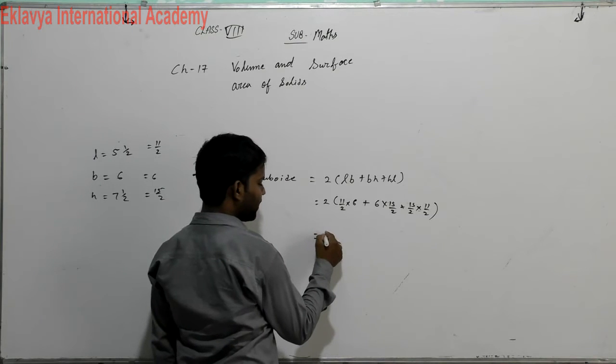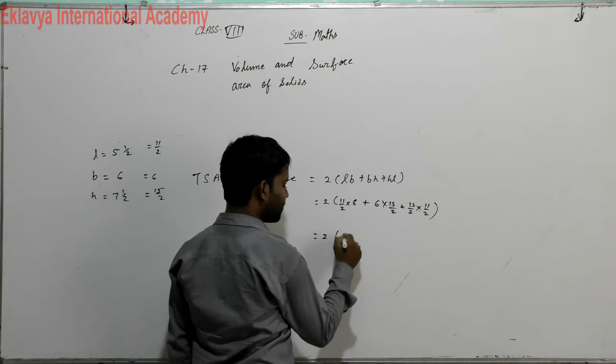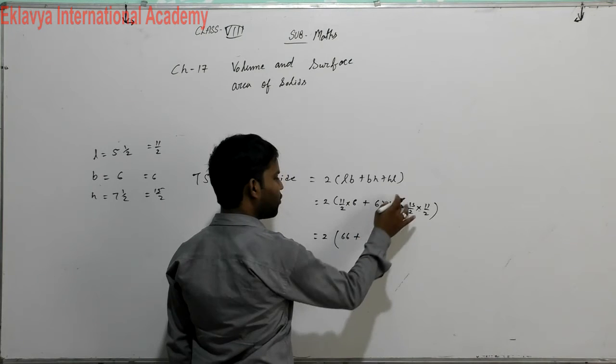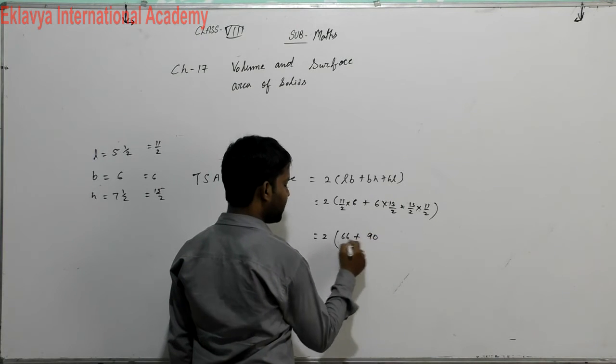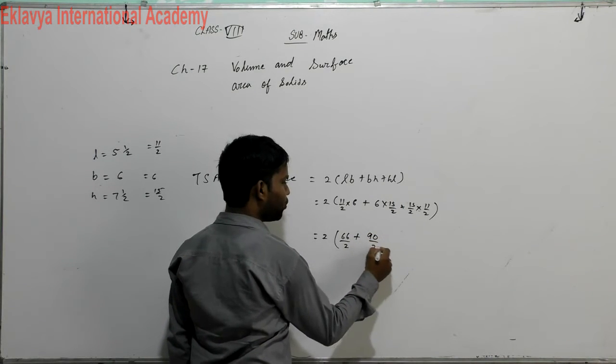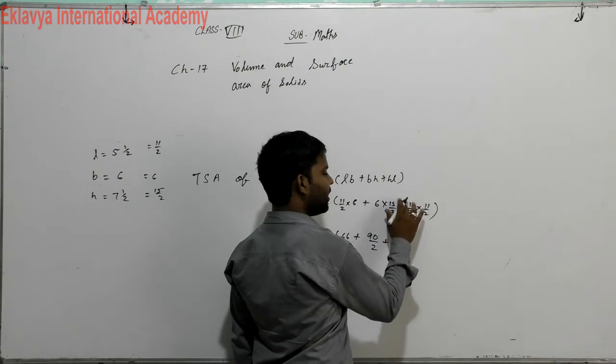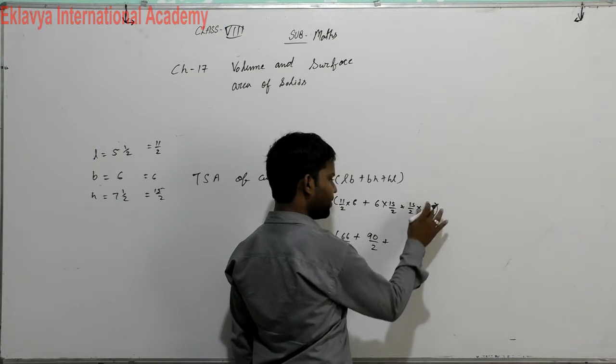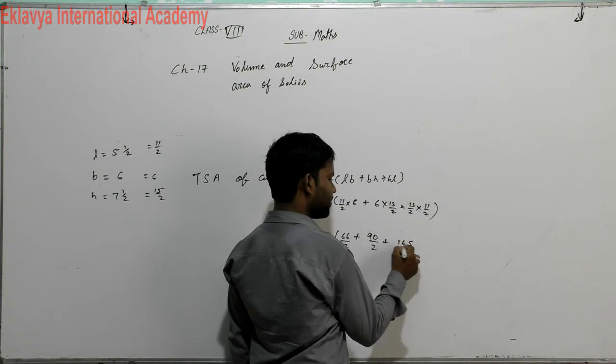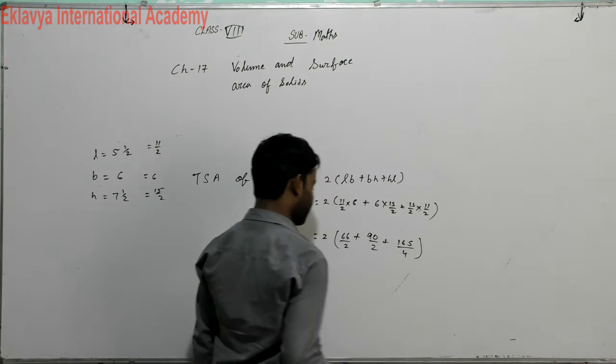So if we multiply, then 11 sixes are 66, plus 15 sixes are 90, upon 2, plus 11 fives are 55, 11 ones are 11, and 5, 16 upon 4.